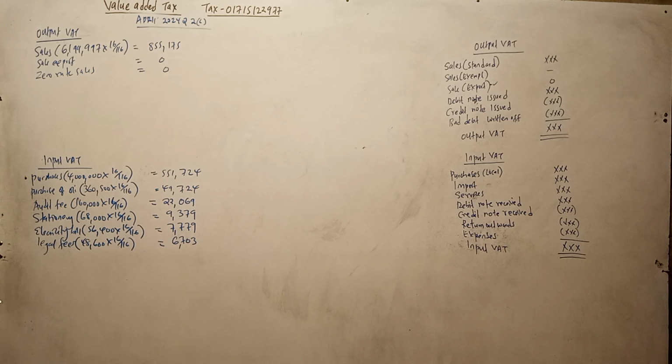Information number 1. The VAT officer established that standard rate purchases were undercasted by some amount. So hii itakuwaje?